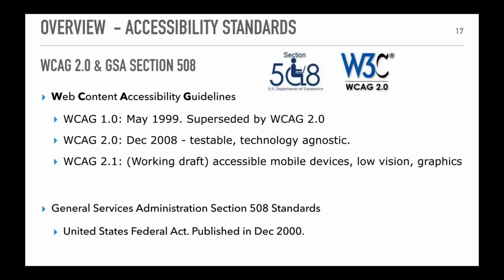There's also going to be WCAG 2.1, which is still in working draft and going to be published soon, where the main objectives are things like providing an accessible way for low vision people to access the web, and also some of the graphics. And of course, accessible mobile devices, because it's the digital world and everything is on the go. So it makes sense to abide by the WCAG.